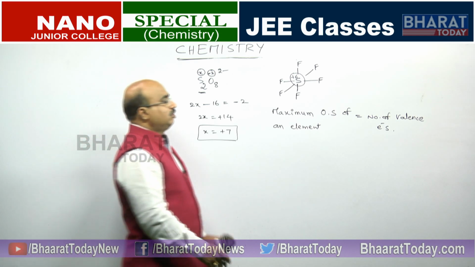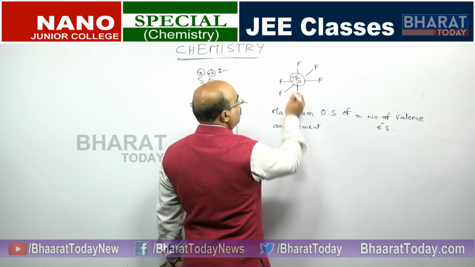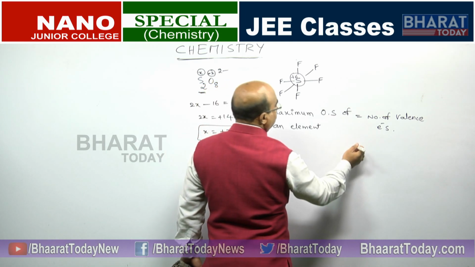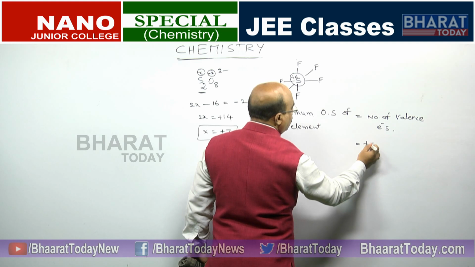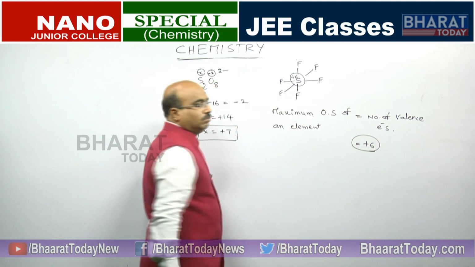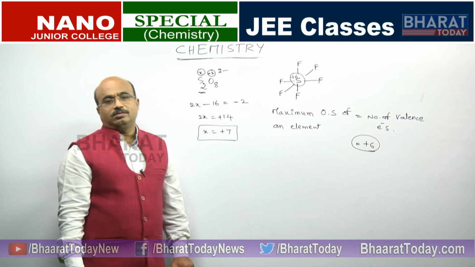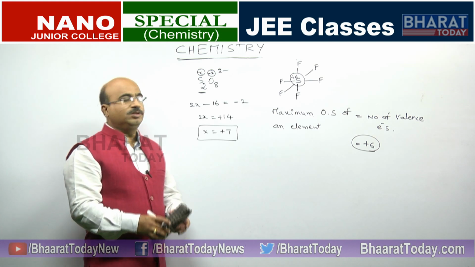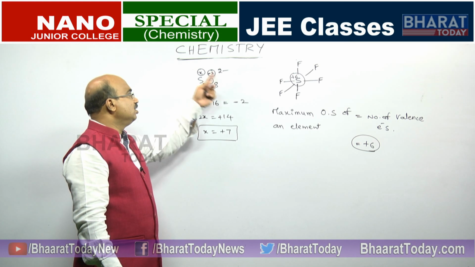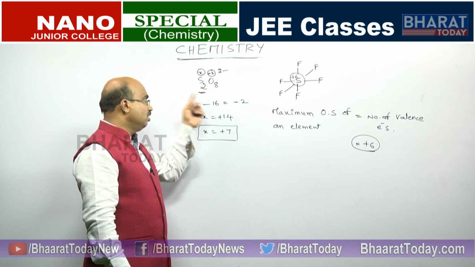That means sulfur has 6 valence electrons, so the maximum oxidation state of sulfur has to be plus 6 only. It never shows plus 7. That means we have not considered the structure of this compound to determine the oxidation state.